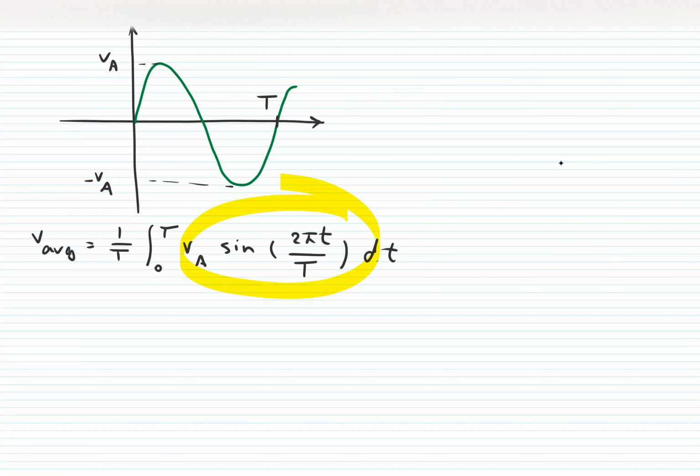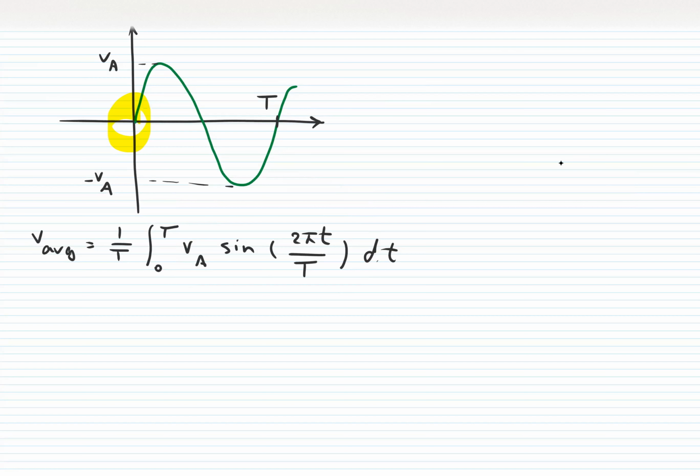Why do I say sine of t, not cosine of t? The answer is in the graph. If we look at this graph, we see that the signal starts from 0, so we can say it's sine. Of course, we can say this signal is cosine of omega t minus 90 degrees, because we know that cosine and sine are exactly the same signals with a 90-degree phase shift.